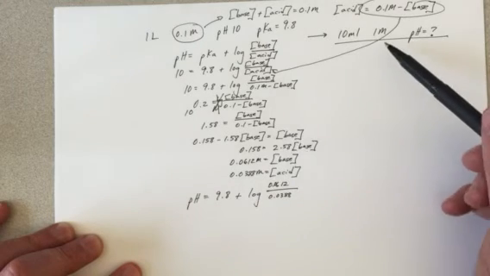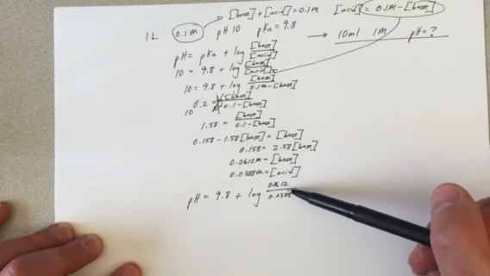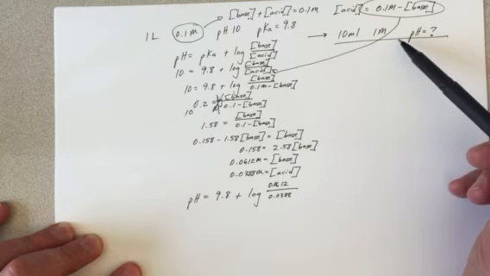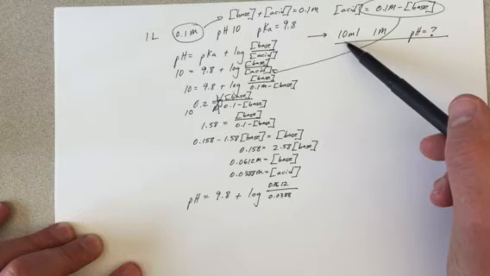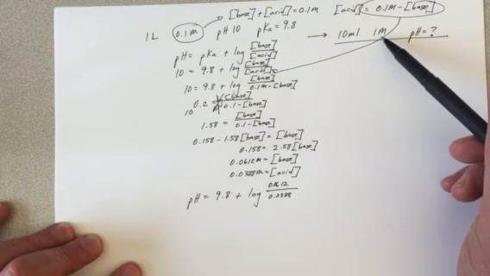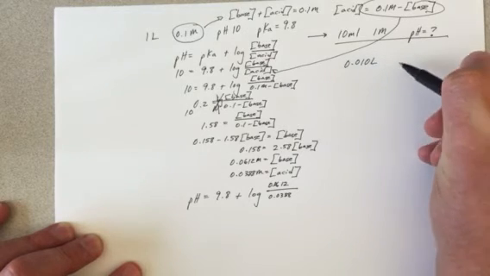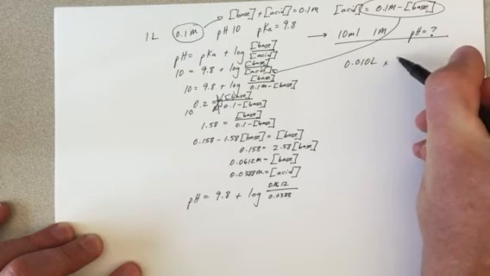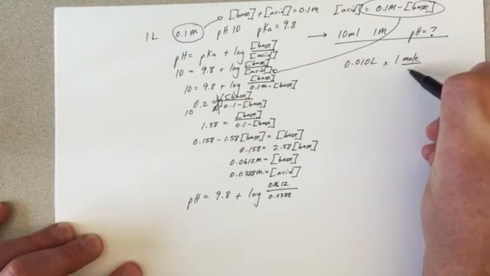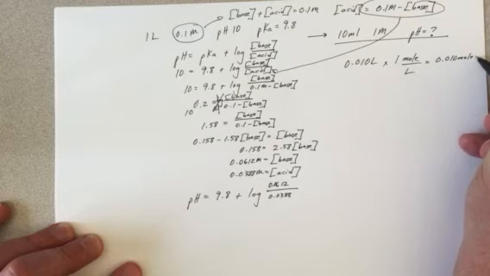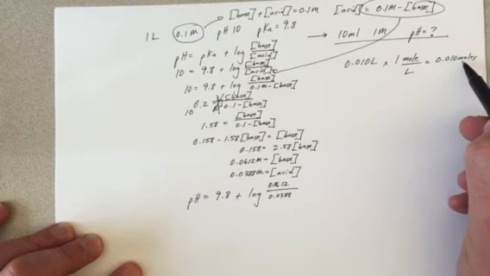Okay. Now, how can I adjust the base and acid to reflect the strong acid that I've added? Well, I know I'm adding 10 milliliters of a 1 molar solution, and so I have 0.01 liters times 1 mole per liter. I am adding 0.010 moles of strong acid. Now, what is that strong acid going to do?